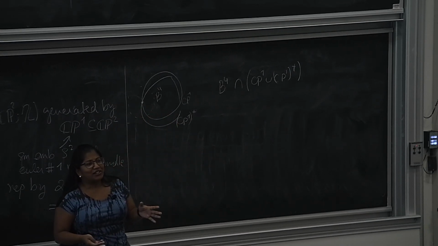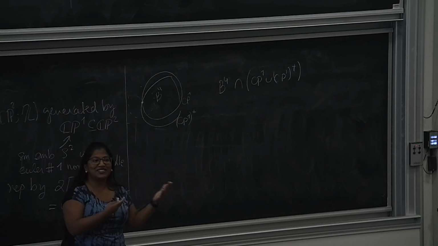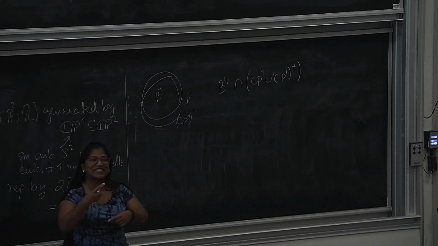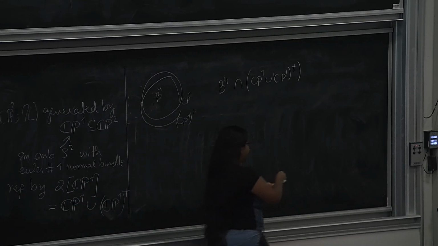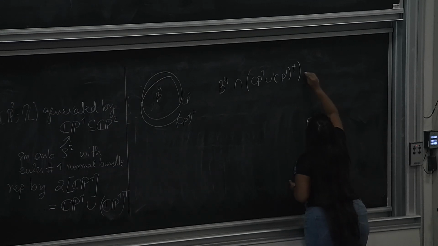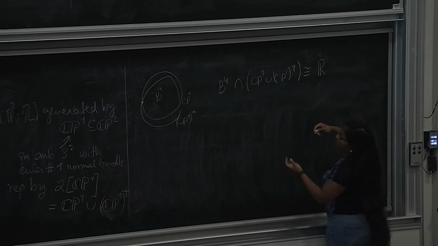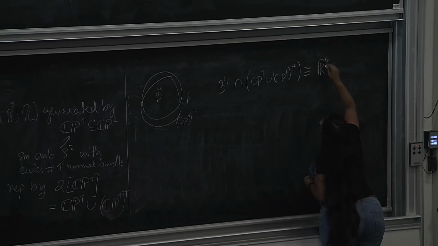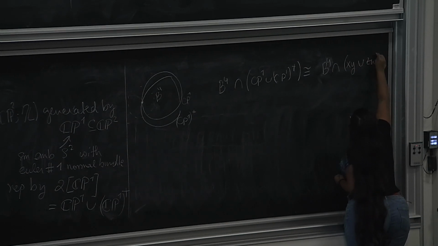This is kind of tautological. When I say the word transverse intersection, that's what I mean. You have to decide which one came first. But the meaning of the word transverse is that this looks diffeomorphic to B4 intersect the XY union ZW planes.